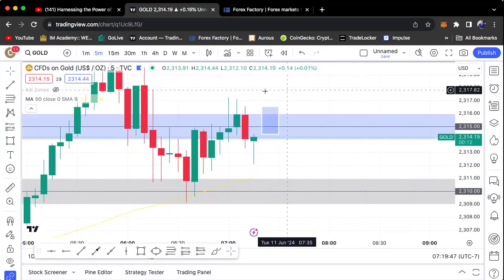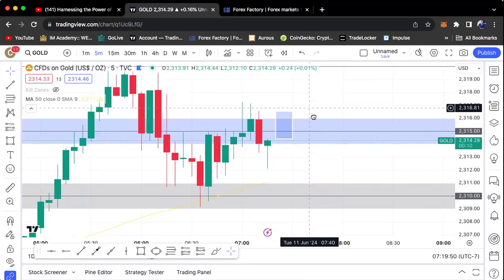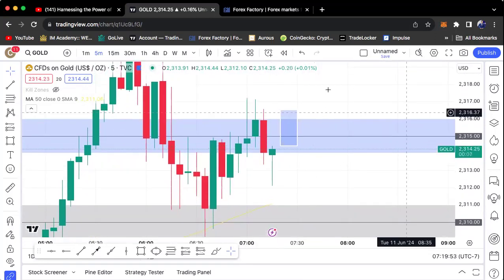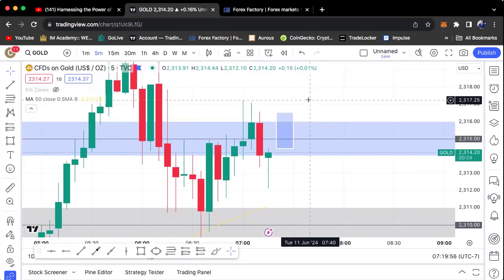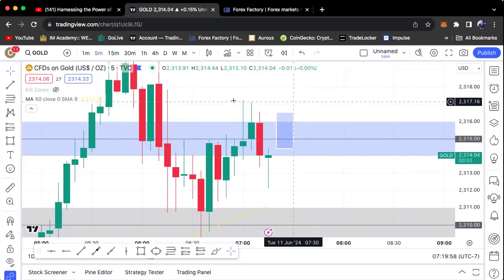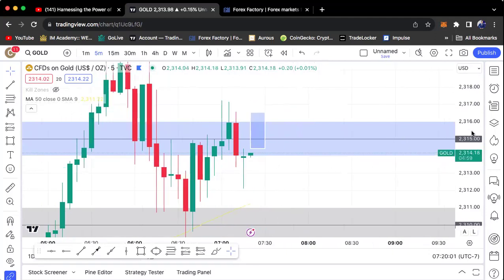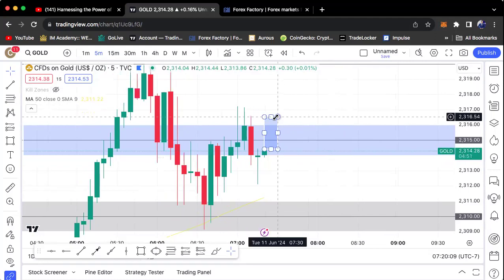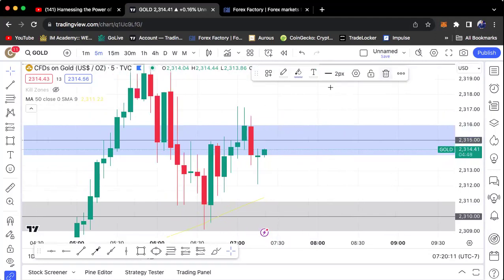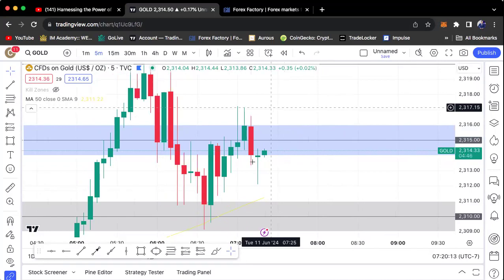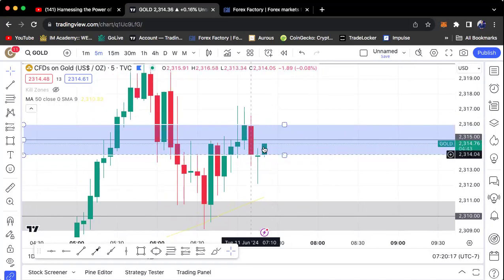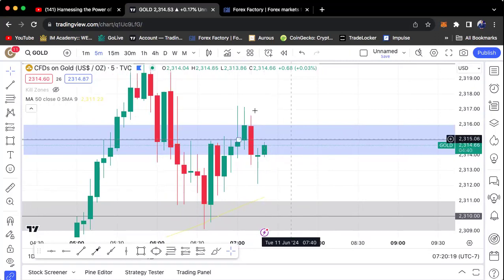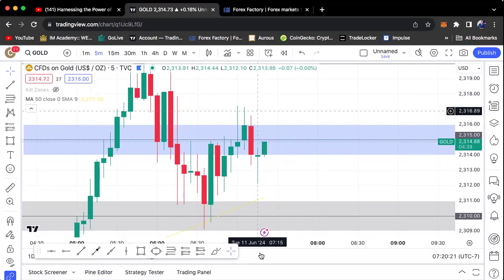That's a good sign. There you go. It closed within my zone. So there you go, it's giving me this bullish candle here. That's a good sign, guys.